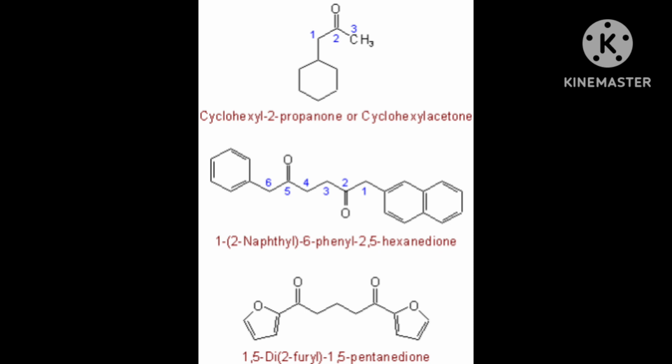Okay, then the IUPAC name of this compound, mesityl oxide, is 4-methylpent-3-en-2-one. This I have discussed, examples of compounds, their common name and IUPAC name.